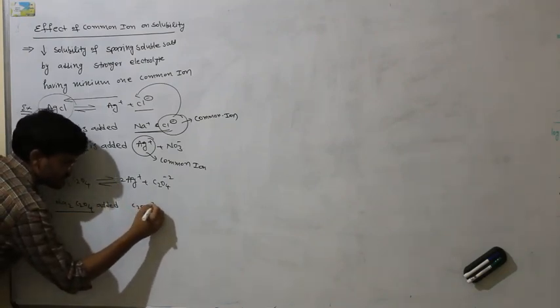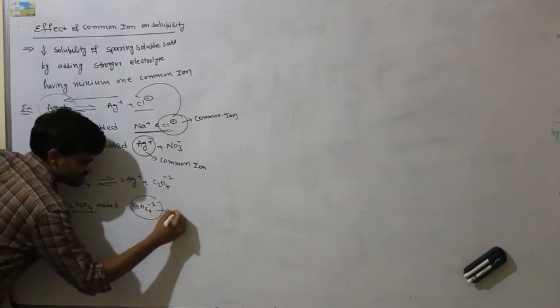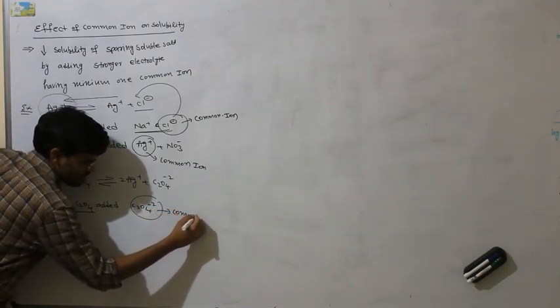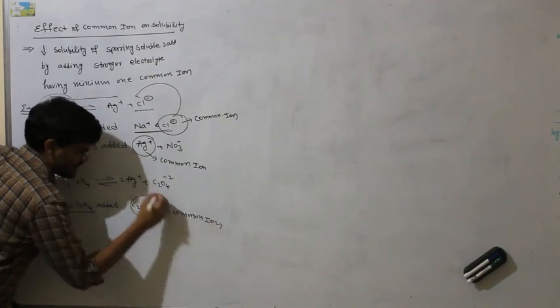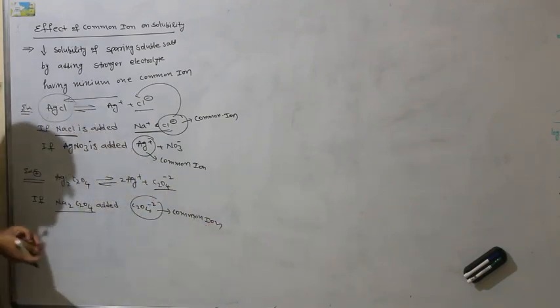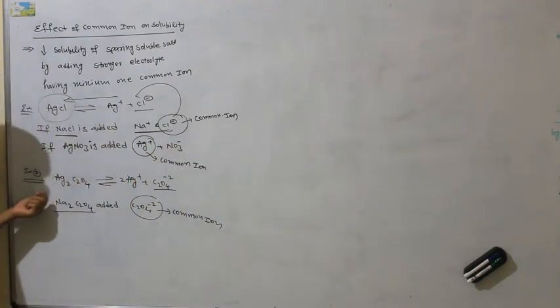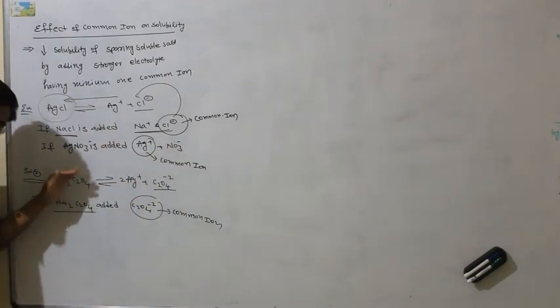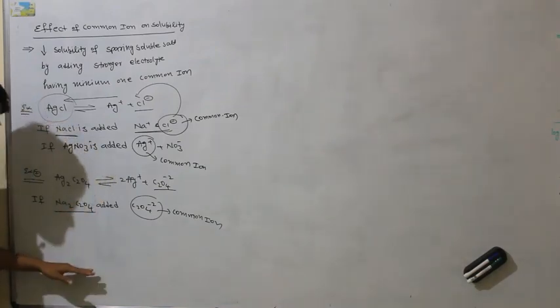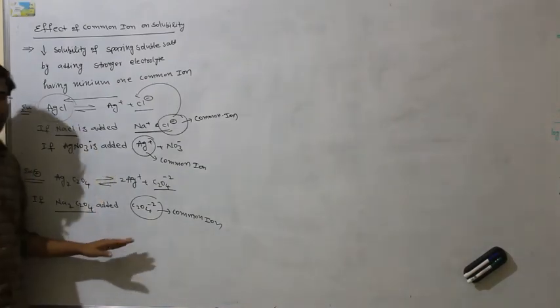C2O4 minus 2 will come, which is a common ion with this. So when the concentration of oxalate increases, equilibrium will shift backward. So the solubility of silver oxalate decreases, suppressed. So this is called common ion effect.